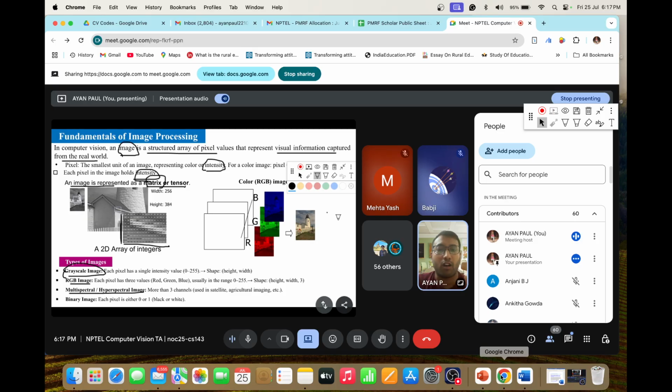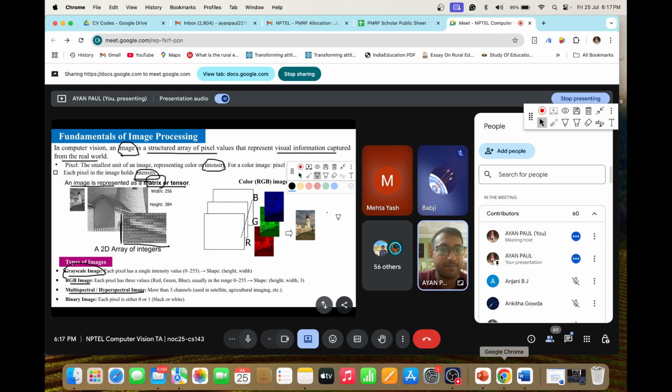Actually, a pixel is generally represented by 1 byte, and in a computer 1 byte means 8 bits. So 2 to the power 8 is 256. That is why it is 0 to 255, not 1 to 256, because in a computer the digits start from 0.